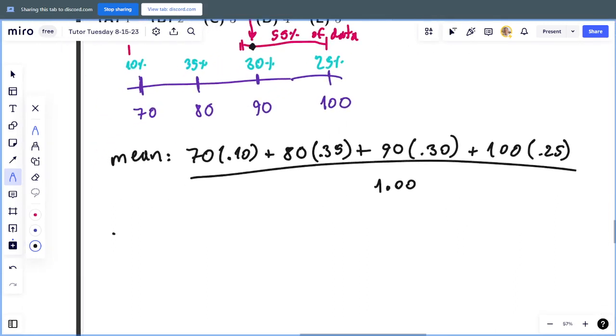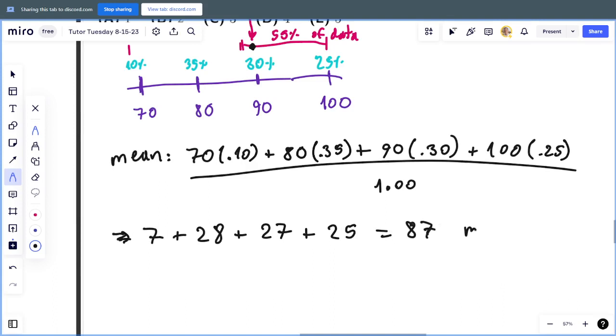So that's all good. That would make our mean 70 times 0.10 is 7. 80 times 0.35 I think is 28. 90 times 0.30 is 27, and 100 times 0.25 is 25. So add this up, what do you get?